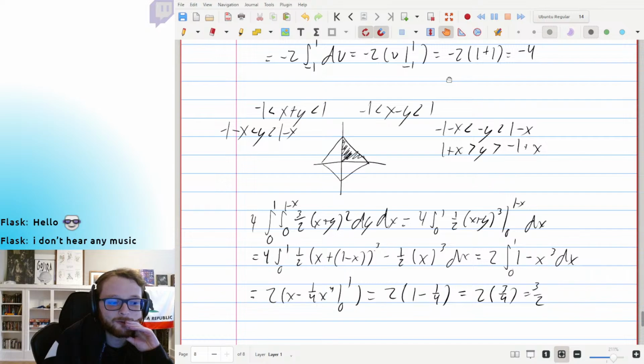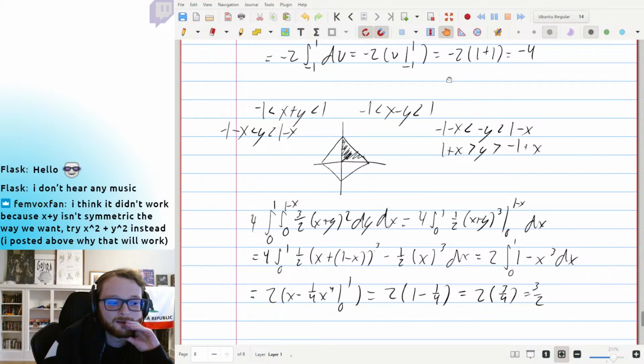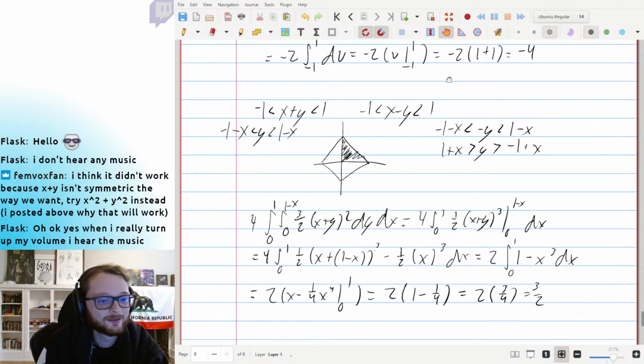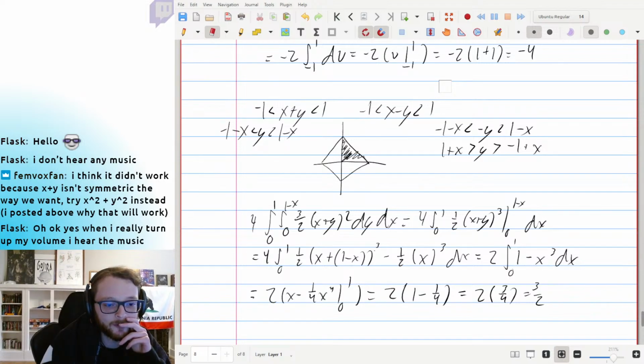Try x squared plus y squared. Was it above y? That will work. Oh, okay. But I mean, x squared plus y squared isn't the problem though, right? Yeah, I'm just gonna leave it as this for now and assume it's just a quiet song or something. If it keeps on being quiet, though, I'll bump it up, because I think before it was okay.